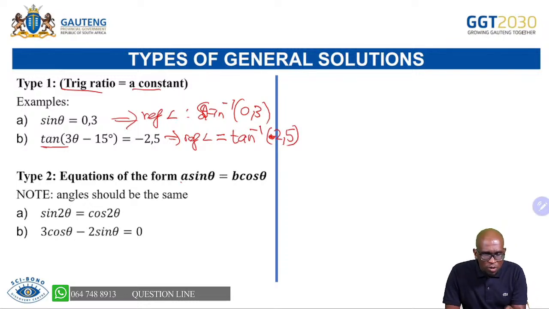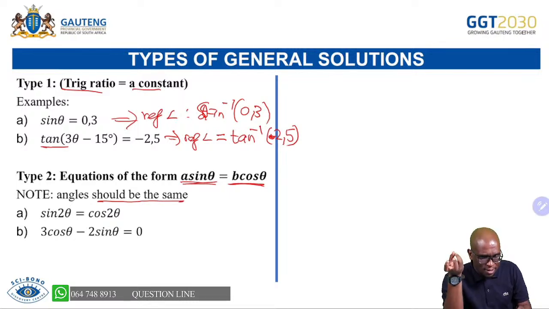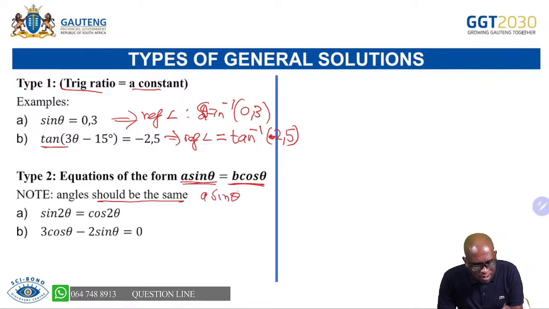Type 2: equations of the form A sine theta is equal to B cos theta. In this type, the angles should always be the same for you to apply this knowledge. This changes to the tangent. So you have A sine theta equals B cos theta.